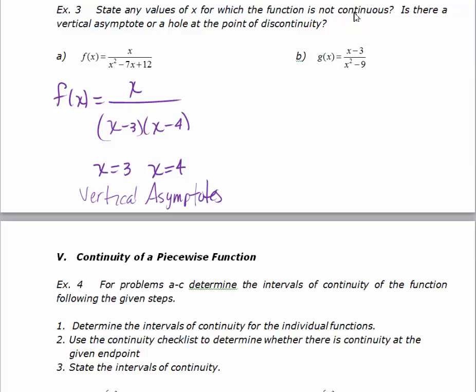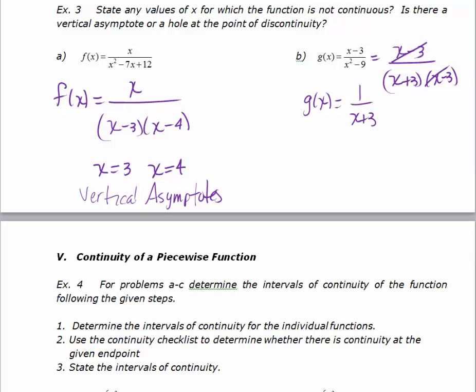So I'll look at part B and we'll factor that also. Factoring, I now see that I can cancel the x minus 3's, and so I'm left with the function g of x equals 1 over x plus 3. So what's happening here is that I know where that common factor was.